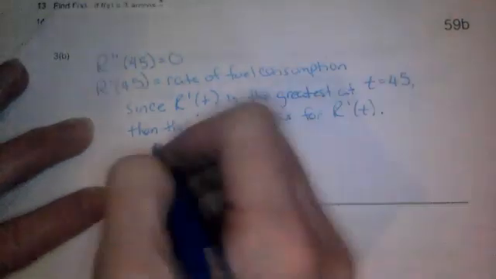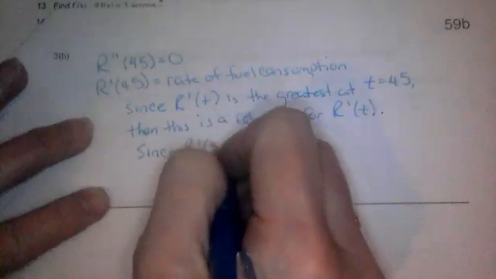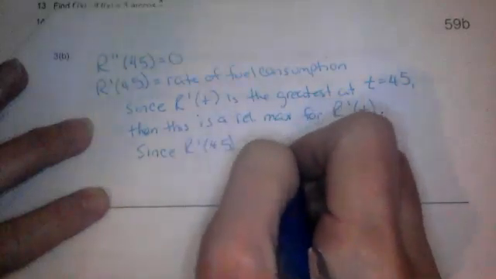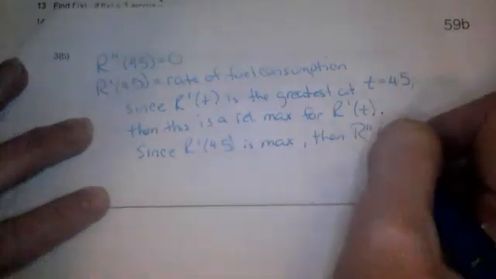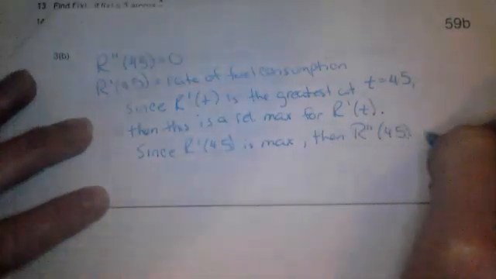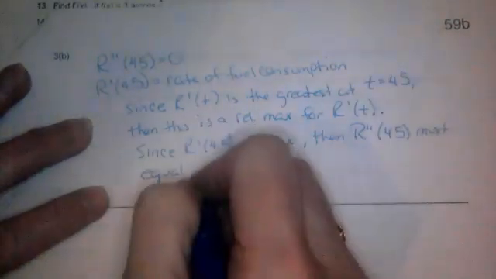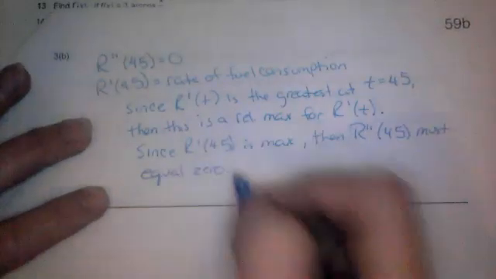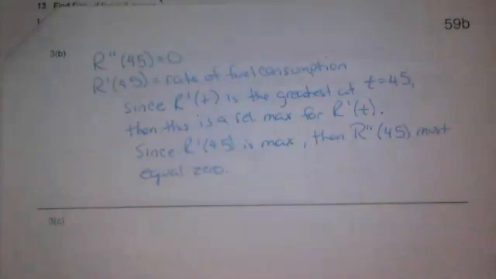And since r prime of 45 is a max, then the second derivative at 45 must equal 0. Now, there's probably other wording that you could use, but you need to use what they've given you to explain why you came to that conclusion.